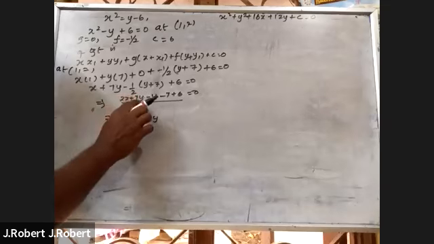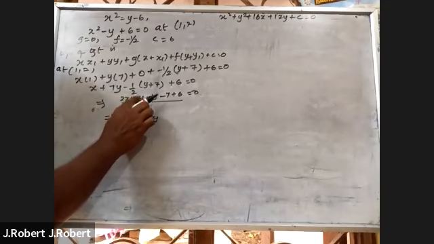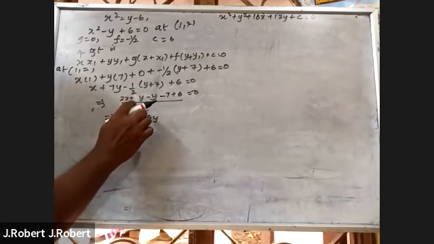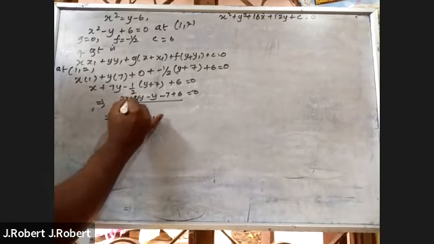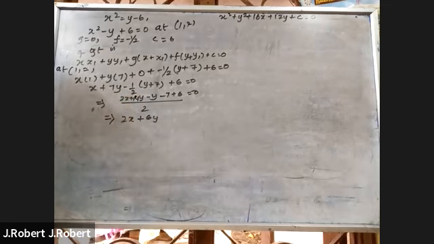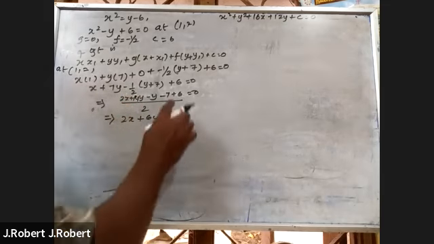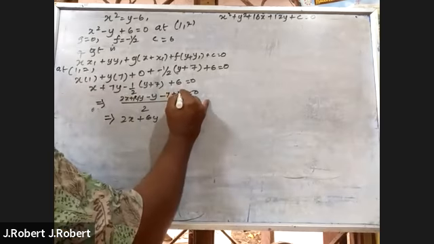7 2s are 14. 2 7s are 14. 14y minus y minus 7 plus 12.